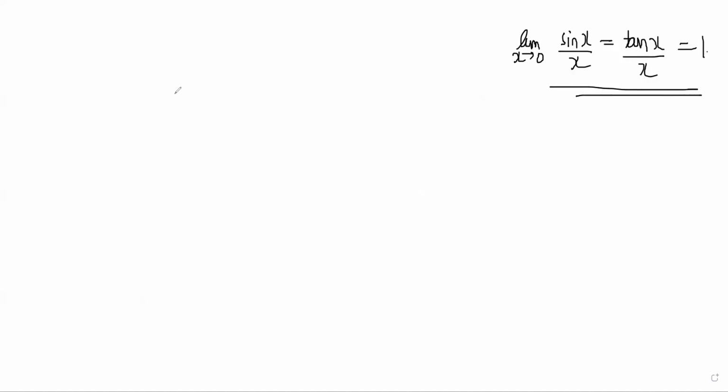Okay. So now we will see some reasons for why we derived that limit of x tends to 0, sin x by x is equal to tan x by x is equal to 1, right? Yes, sir. The reason I did that derivation is because now I want to show that dy by dx is equal to cos x if y is equal to sin x.